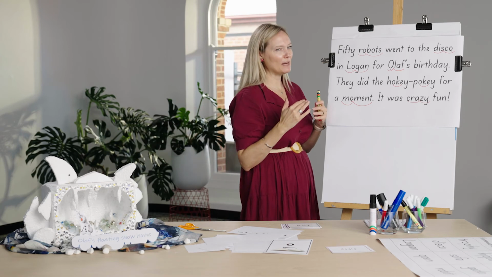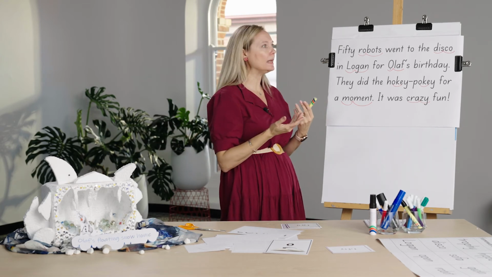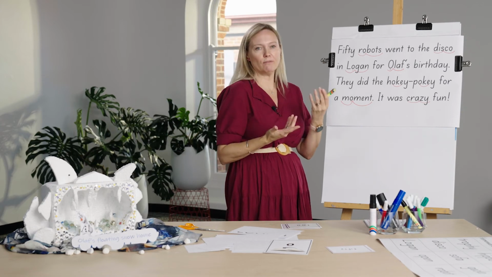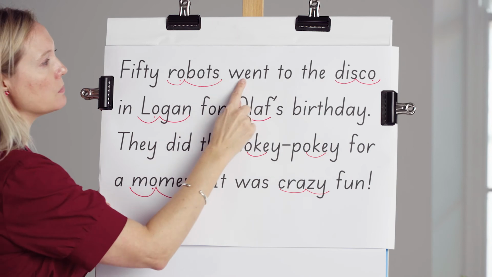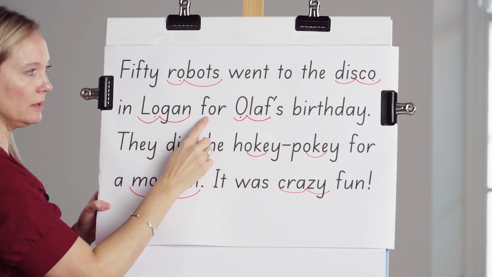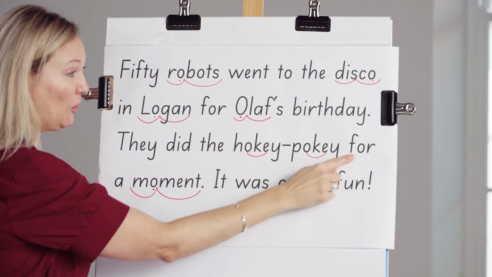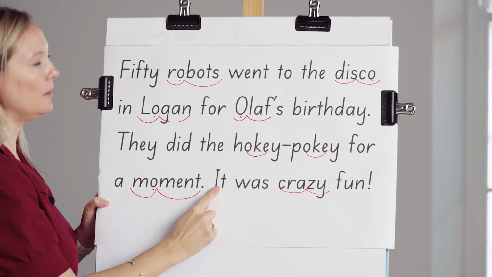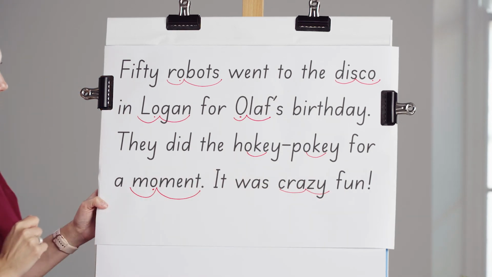It does sound like crazy fun. Let's go back and read it all together, like we're reading in a talking voice, like we're talking to someone. 50 robots went to the disco in Logan for Olaf's birthday. They did the hokey pokey for a moment. It was crazy fun.